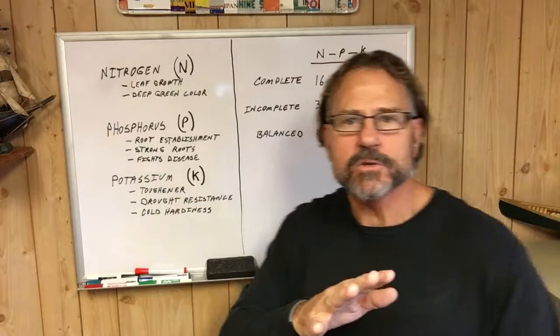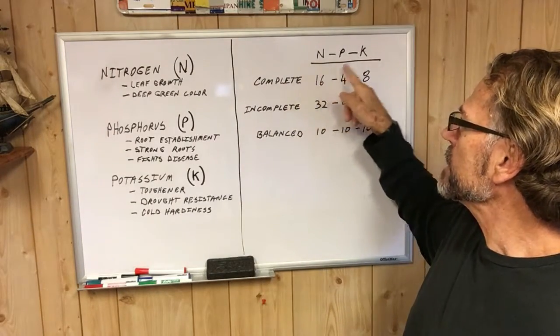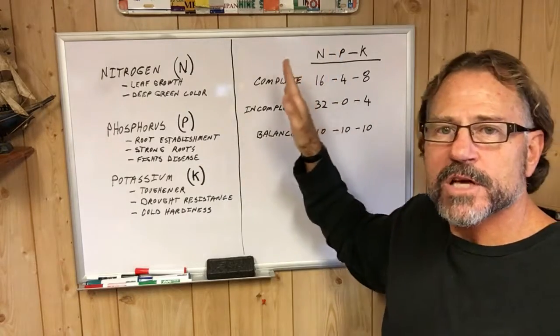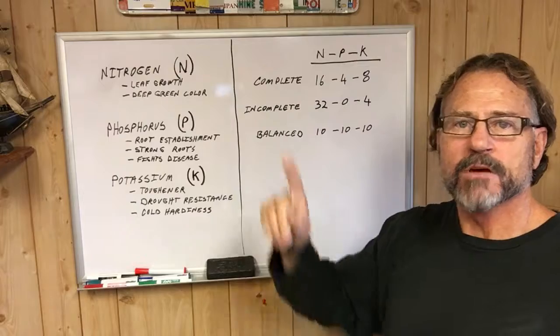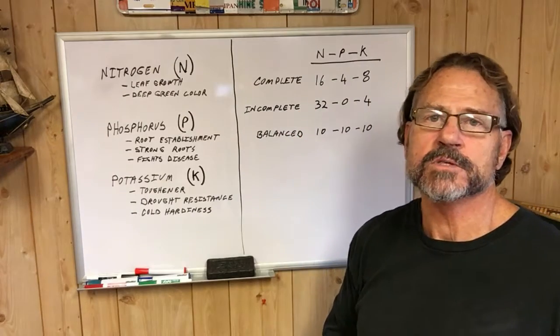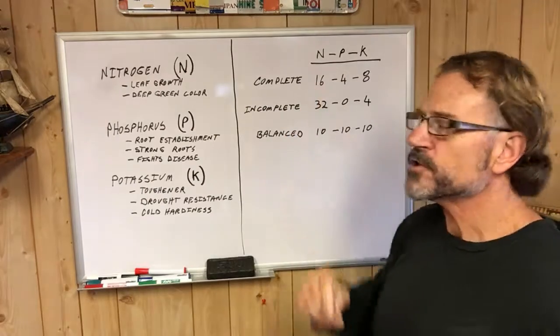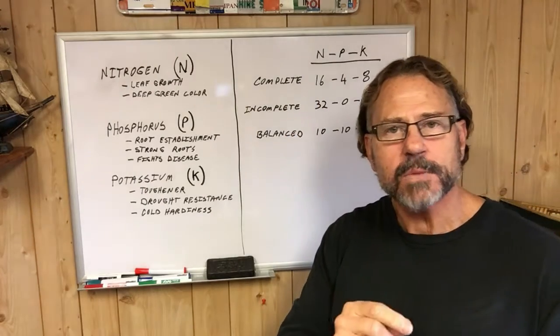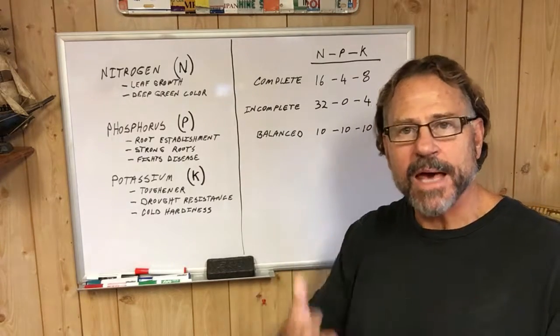Now, these fertilizer values are represented in a format that looks like this: N-P-K, and they're always in this order. Nitrogen is always the first value presented, phosphorus is always the second value, and potassium is always the third value. These are numerical values, and what they mean is the percentage by weight of that nutrient in that bag of fertilizer.